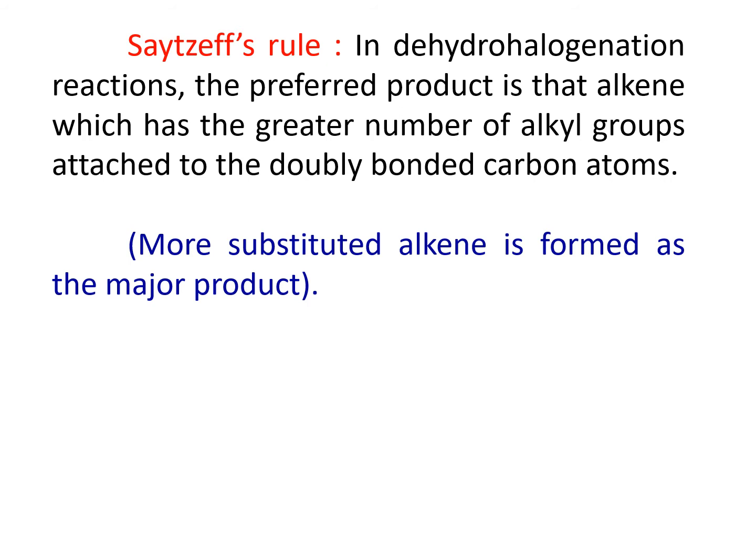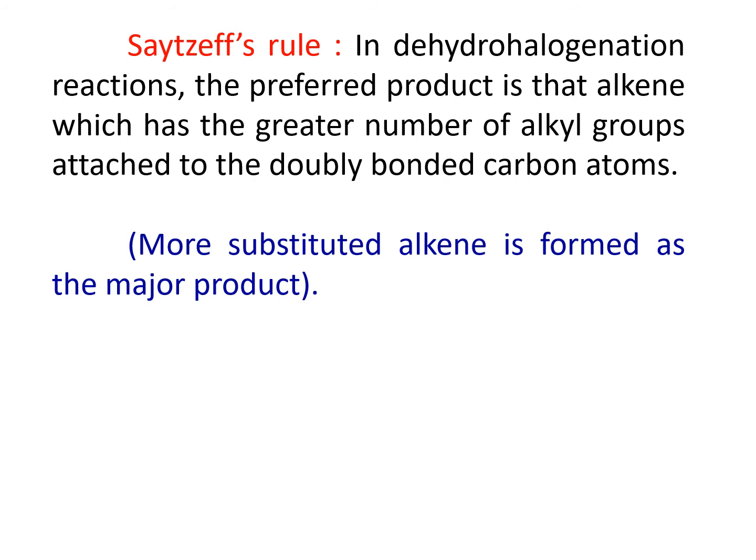In dehydrohalogenation of 2-bromobutane, but-1-ene and but-2-ene are formed as the 2 products. Out of this, but-1-ene is a mono-substituted alkene, whereas but-2-ene is a di-substituted alkene. Thus, but-2-ene is formed as the major product.